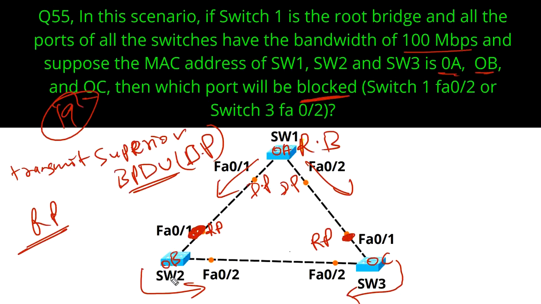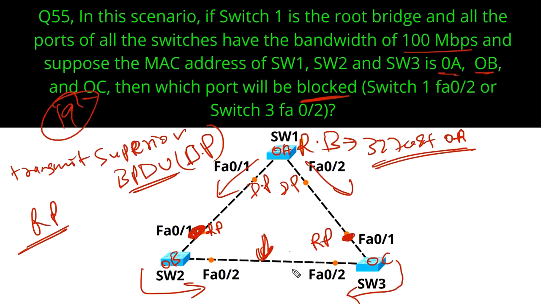Now who is sending superior BPDU on this link, switch number 2 or switch number 3? When switch 2 and switch 3 send BPDU, both are sending the same root bridge ID, that is 32768 plus 0A, right? Root bridge ID is a tie.